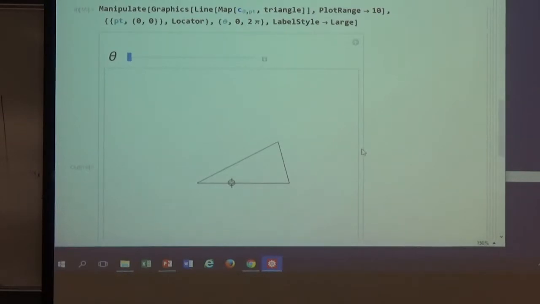Two triangles are congruent if you can obtain one from the other by a sequence of rigid rotations or rigid translations where you don't change the distances. That's why I said rigid. So I can translate this triangle, then I can rotate it, and I get another triangle that is congruent to the original. Translate this back, rotate again, get another triangle congruent to the original.